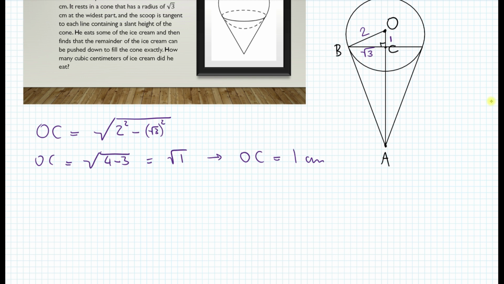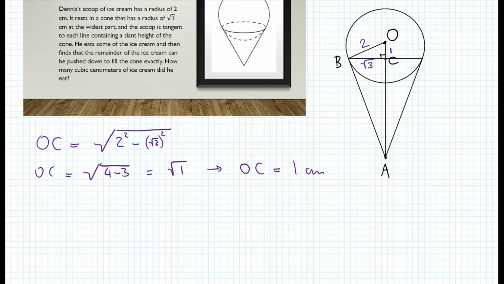Okay, so if you look at the problem here, it says that Dennis eats some of the ice cream, but then everything melts and goes inside the cone. So basically this cone gets filled up.